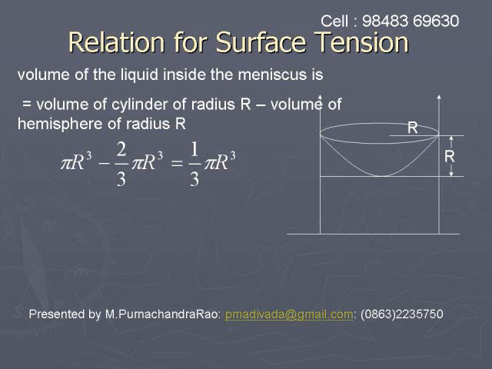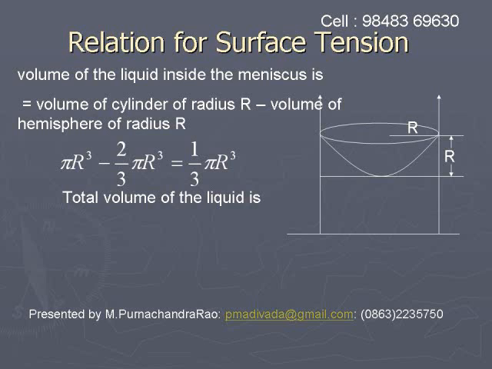Mathematically, pi r cube is the volume of the cylinder of height r and radius r, and 2 by 3 pi r cube is the volume of the hemispherical part. So, the volume of the liquid inside the meniscus is pi r cube minus 2 by 3 pi r cube, which is equal to 1 by 3 pi r cube.